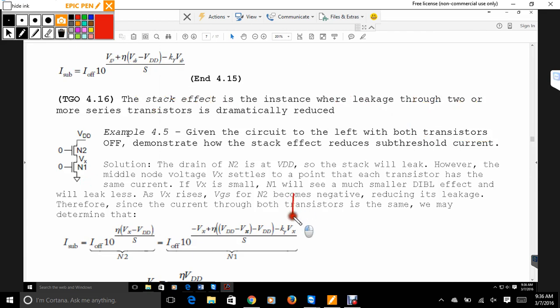And then here, Vx comes from source base, right? So source, and then the base voltage is assumed to be 0, so that just becomes minus body coefficient times Vx divided by S. And then we set these two equal to each other.